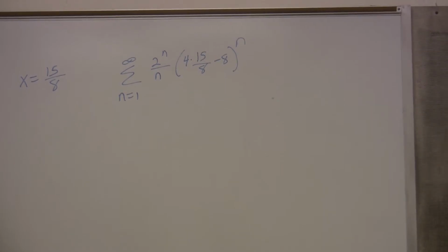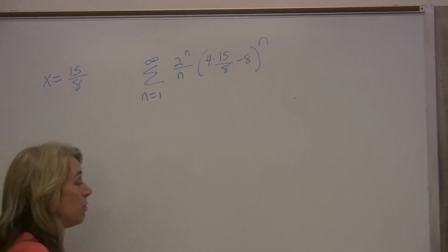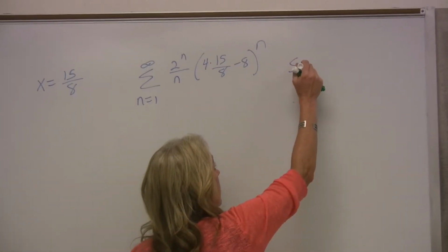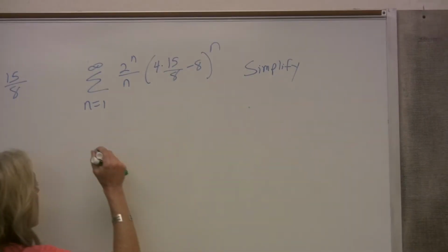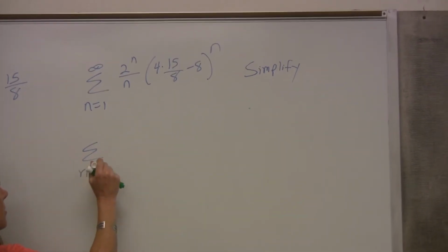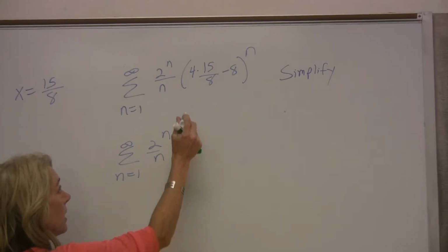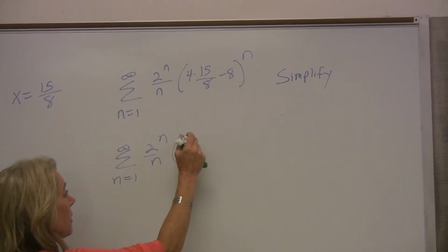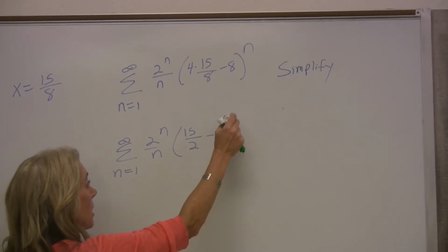Now we just need to simplify. Now simplify using your fabulous algebra skills. So this is 2 to the n over n times, what is that, 15 over 2? Yep. Minus 8 to the n.